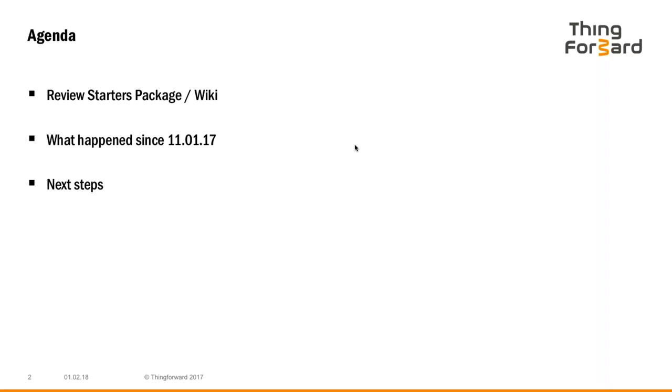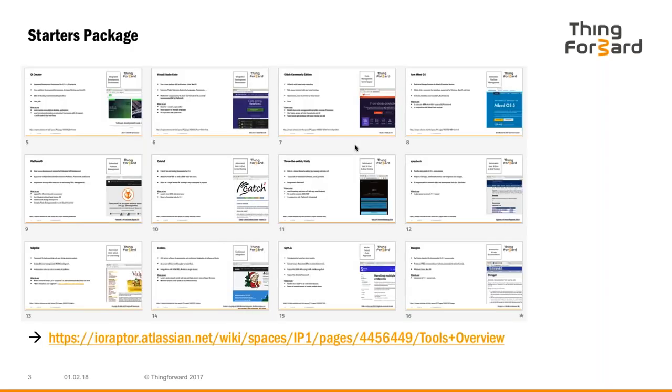So let's start with the review of the starters package. This is the overview of the slides. If you recall from the last webinar, we went through each of the modules that we have in our ioRaptor desktop app. That ranges from IDEs, development environments, toolchain, code management, embedded platform management, continuous integration, unit tests, and what have you.